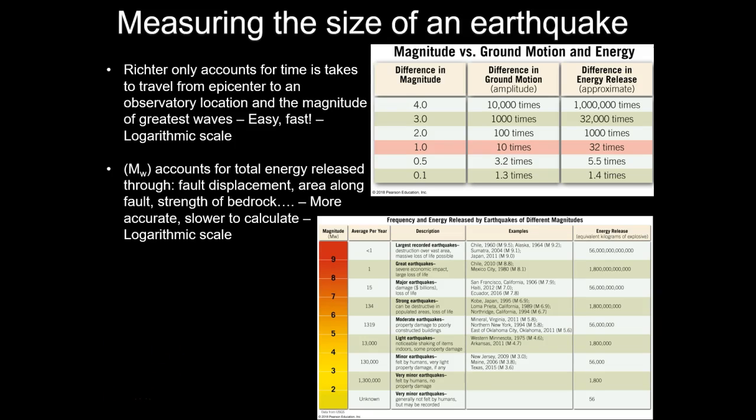A few examples of those earthquakes are seen in the graph here on the right. I just want to point out, for example, the Chile earthquake, which is the largest earthquake recorded, with a magnitude of 9.5, had an energy release of about 56,000 trillion kilograms of explosive equivalent, which is crazy.